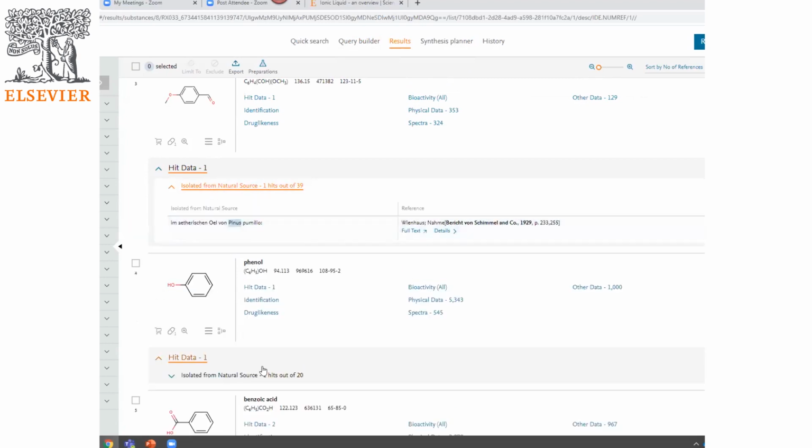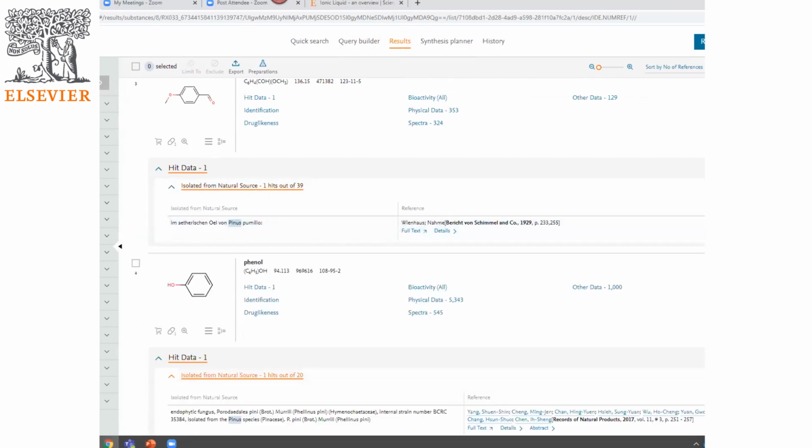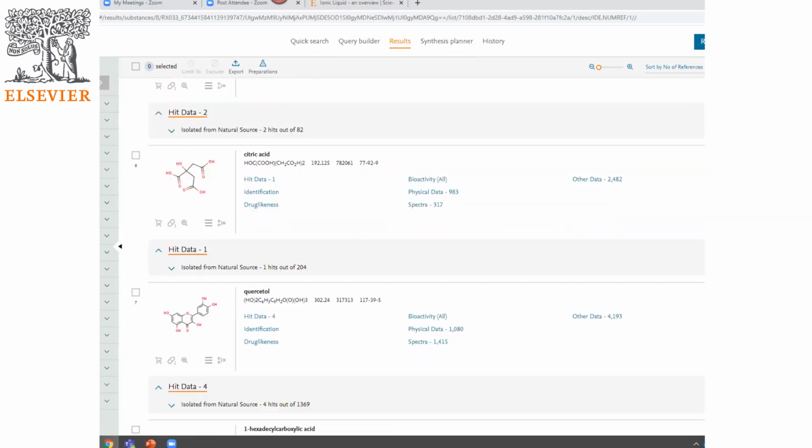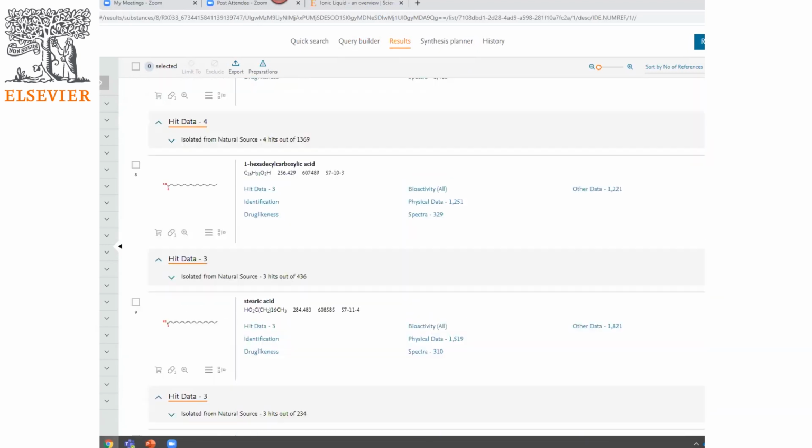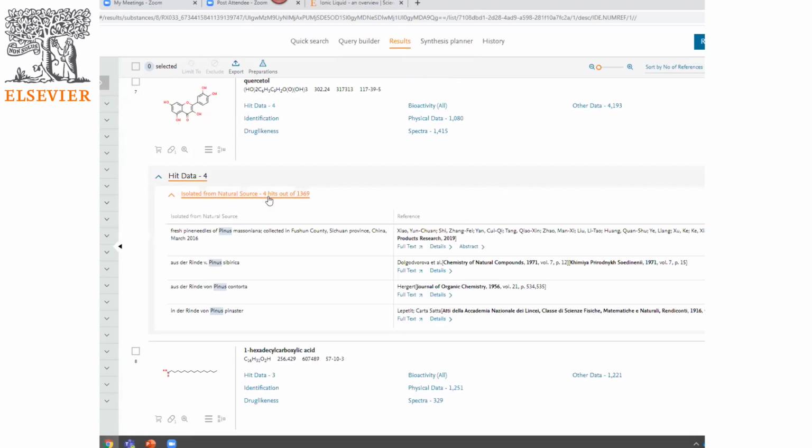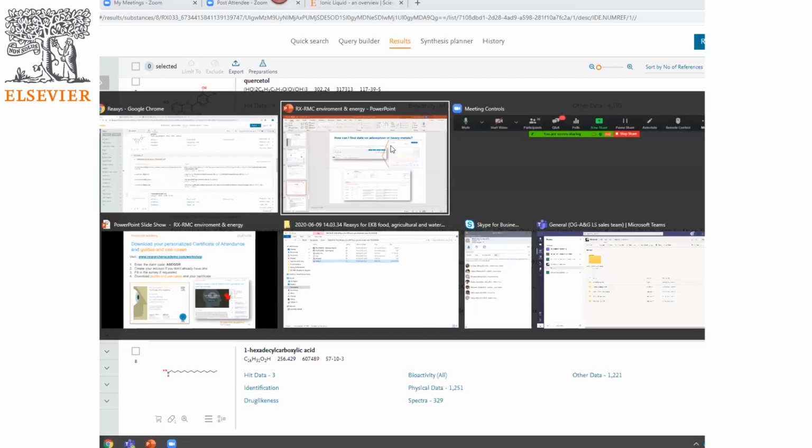So you see, it's different plants, and these compounds were found in them. Quercetol is quite an interesting compound. For example, it can be found in Pinus sibirica. So this information is extremely useful for phytochemicals and phytodrug development.